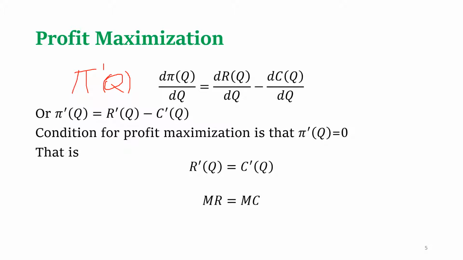And then the marginal cost is also the derivative of the cost function with respect to the output, which is also the addition to total cost as the farm produces one more unit of output.